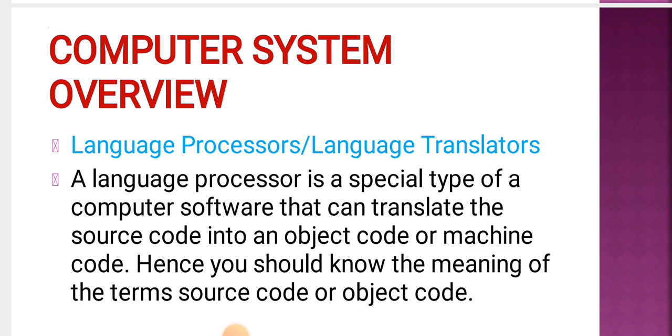Okay, so the translator is translating high level language into the machine code. Hence you should know the meaning of the terms source code and object code. Source code means high level language, object code means machine level language, that is zeros and ones, binary language.